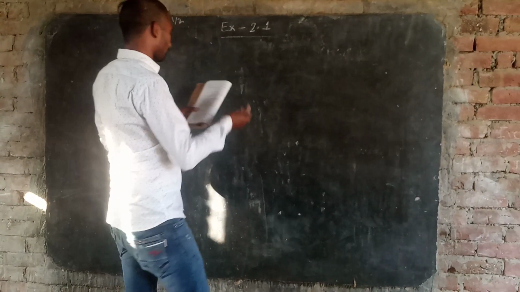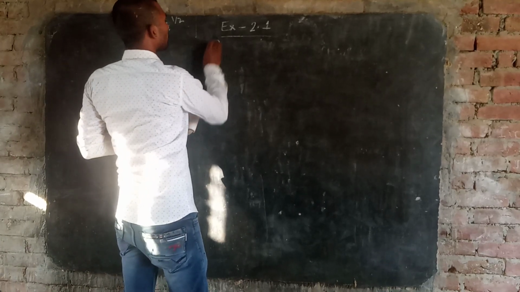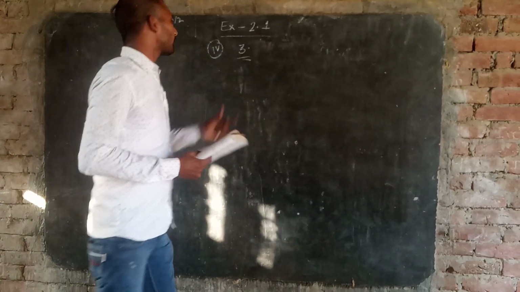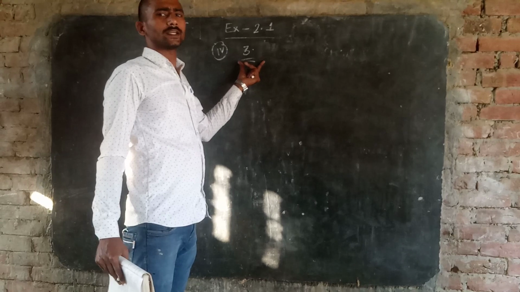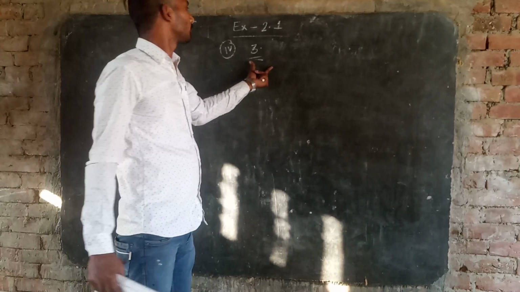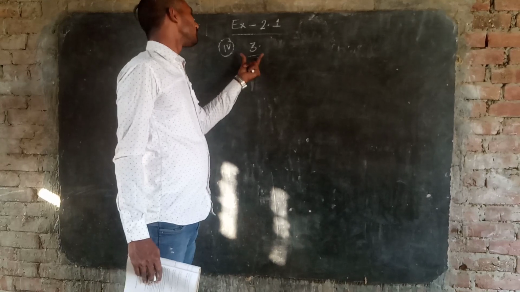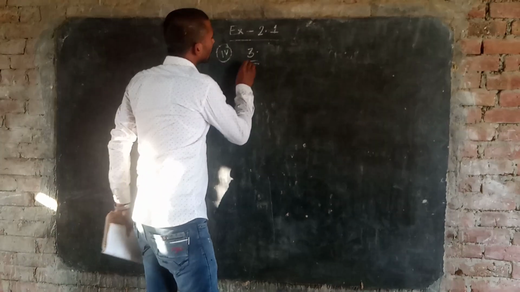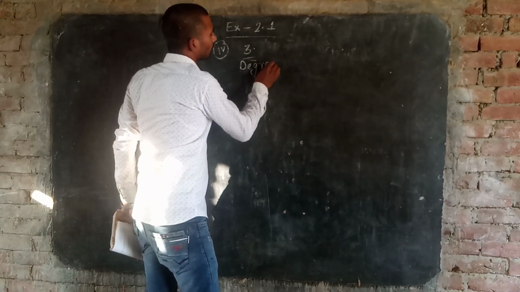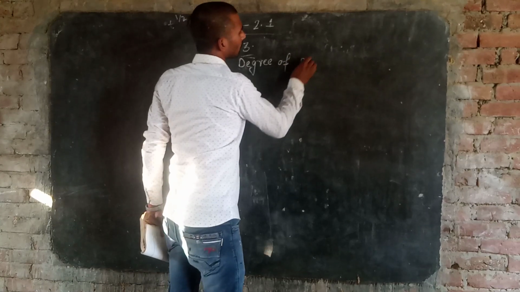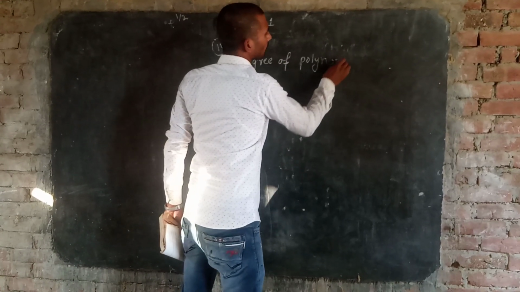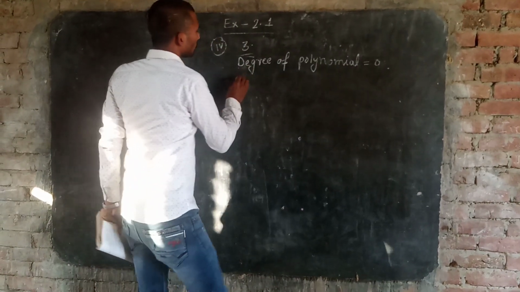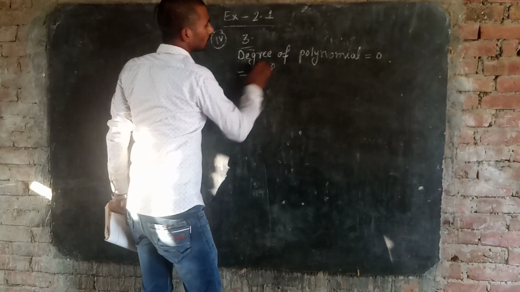Another question. A constant term 3. What is the degree of a constant term? The degree of a constant term is always 0. If we have any constant term, then its degree is 0. So friends, the degree of this polynomial is 0, because we can write this as 3x power 0.